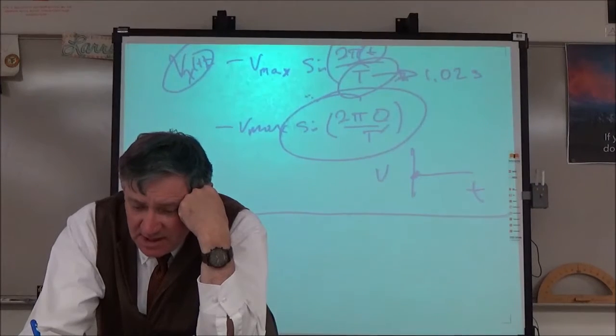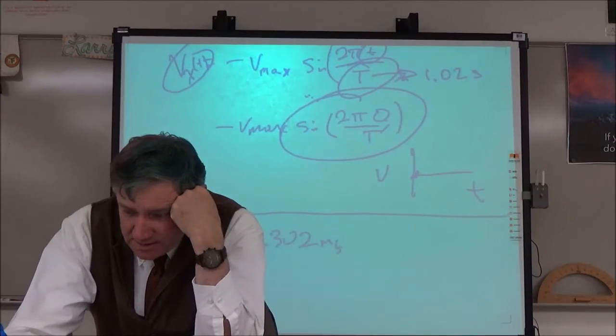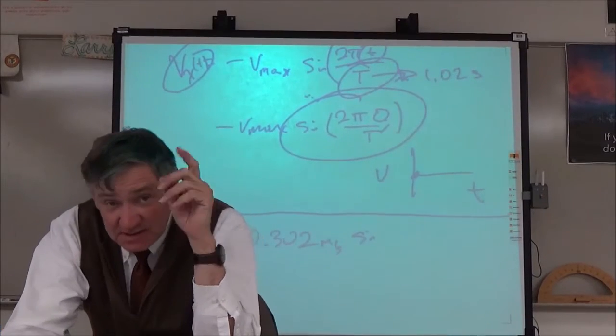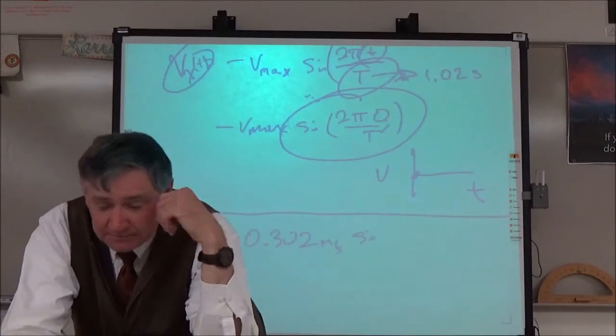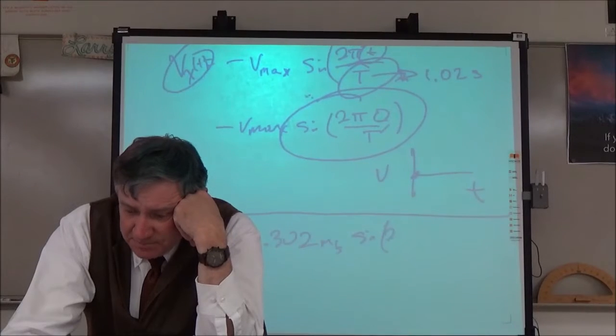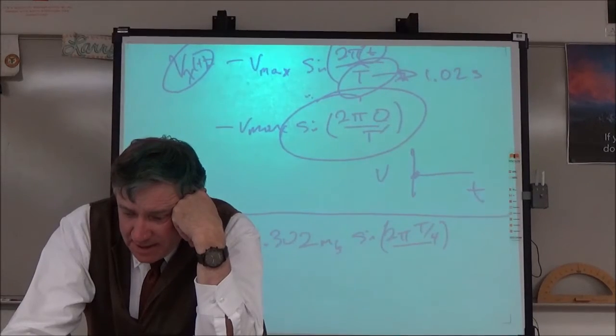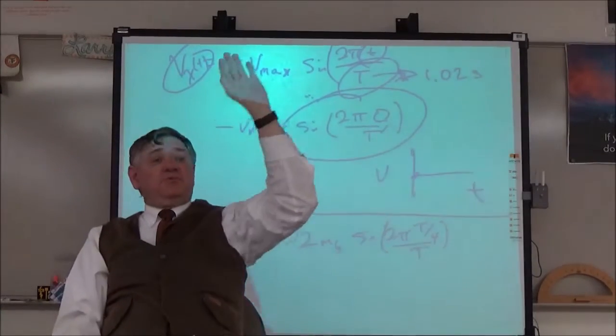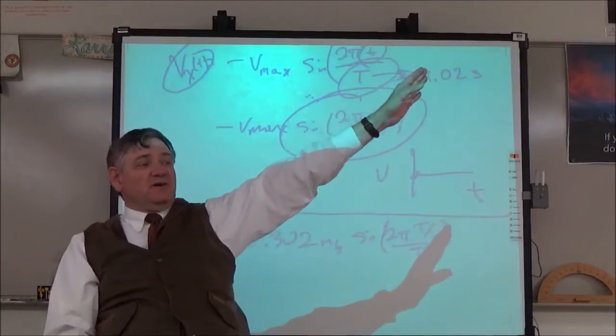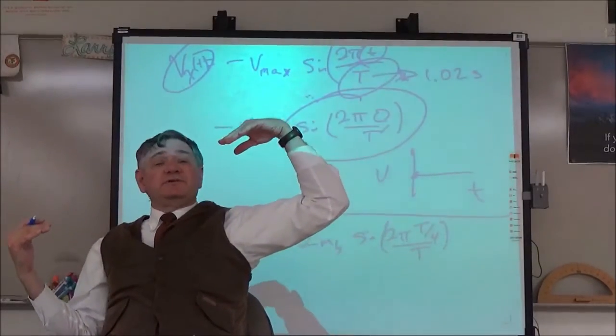You're going to take negative 0.302, which is that Vmax, times the sine, and this is the more elegant approach, of 2 pi times t over 4, divided by t. I'm not going to put in numbers. I just know that this is going to be a quarter t.